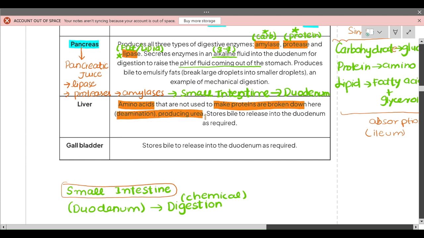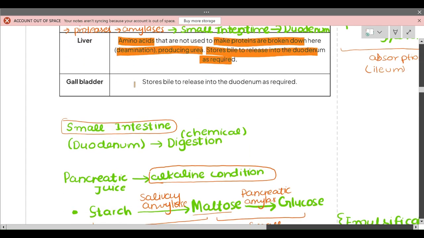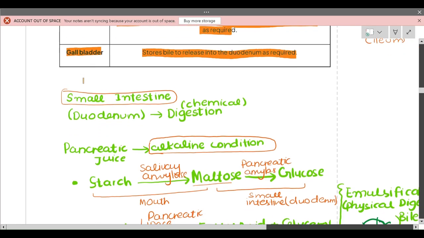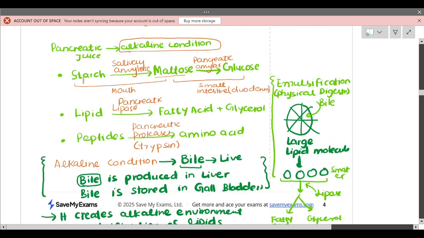This is the content we did in our previous chapter as well. Later the gallbladder stores the bile and releases it into the duodenum as required. So the bile is produced in the liver, stored, and then released into the duodenum as required by the gallbladder. That's the difference between these two organs.